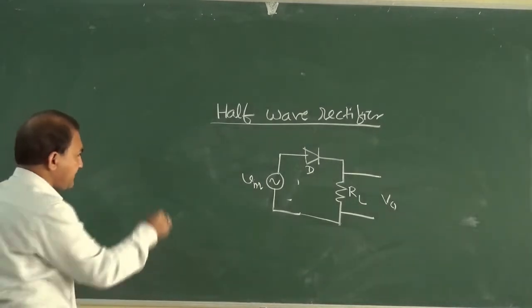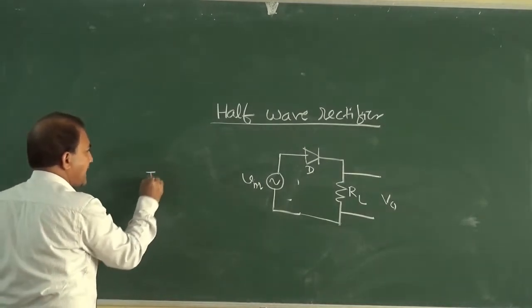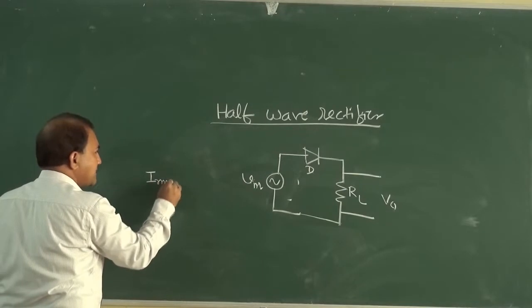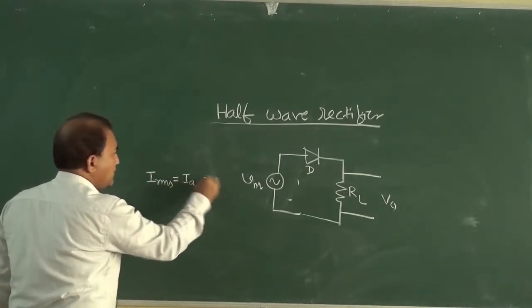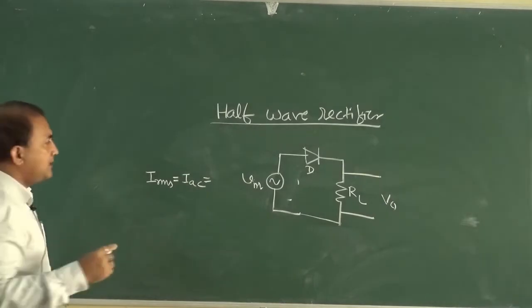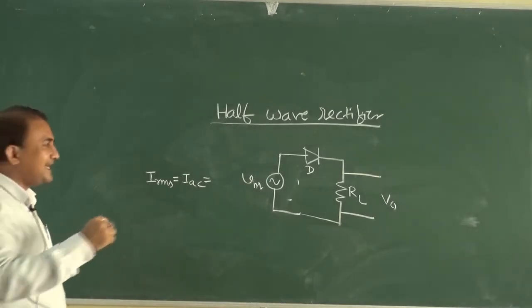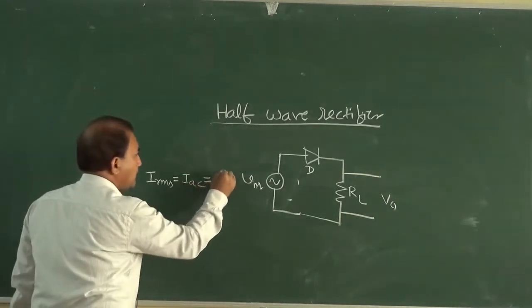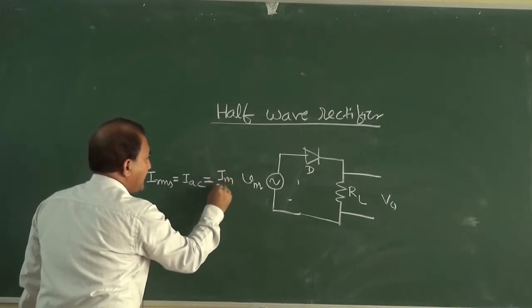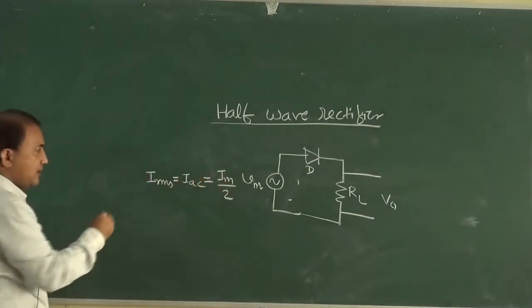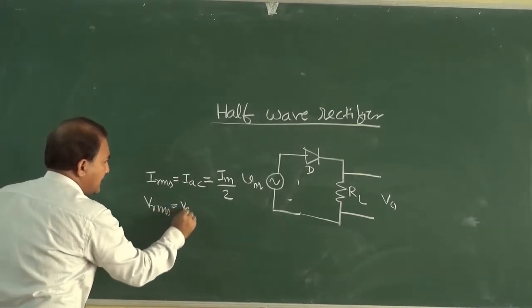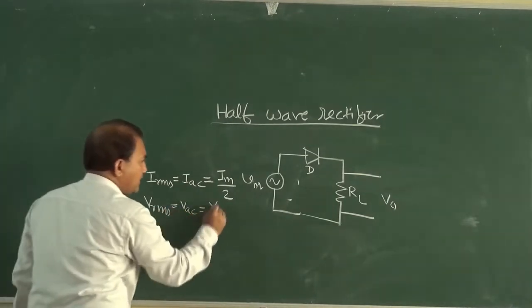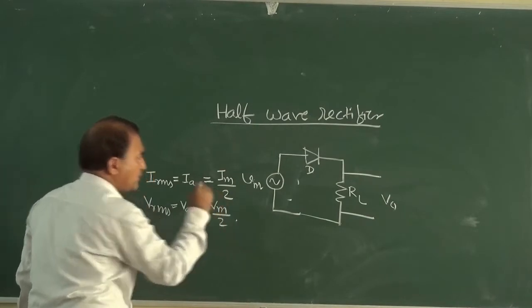Now in a half wave rectifier circuit, I RMS or I AC, it is equal to how much? It is equal to Im by 2. Similarly, Vrms, it is equal to Vac, it is equal to Vm by 2.